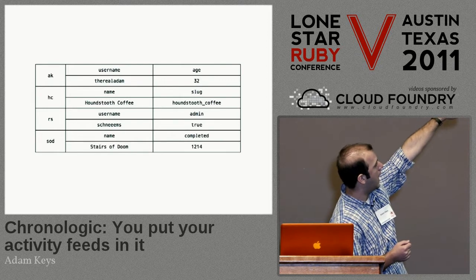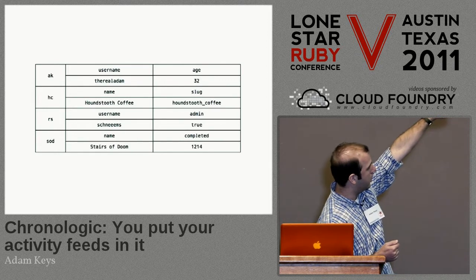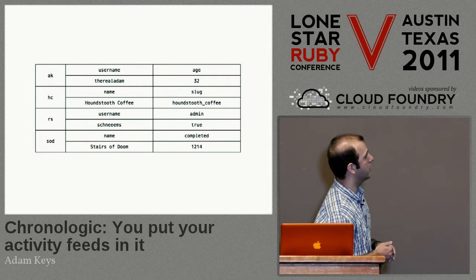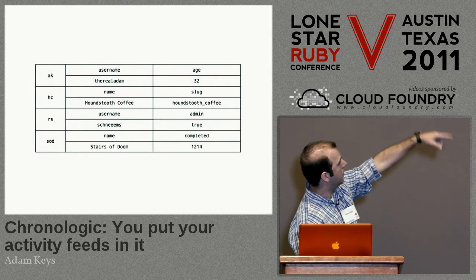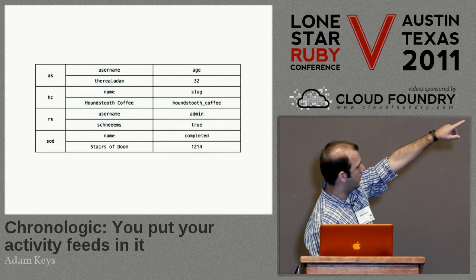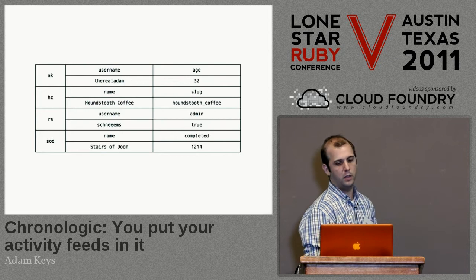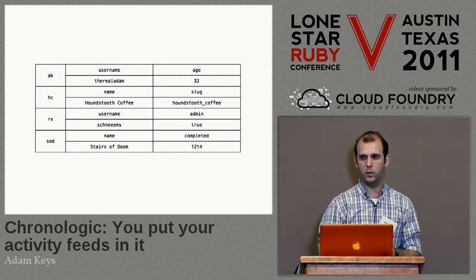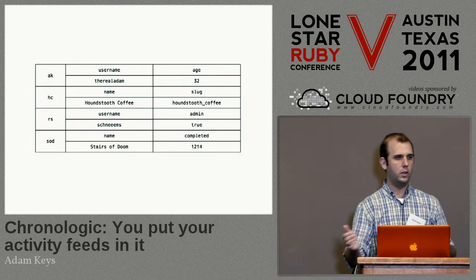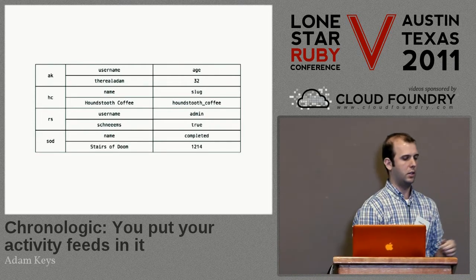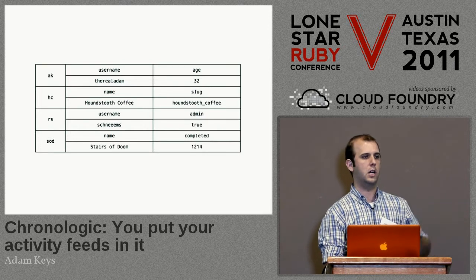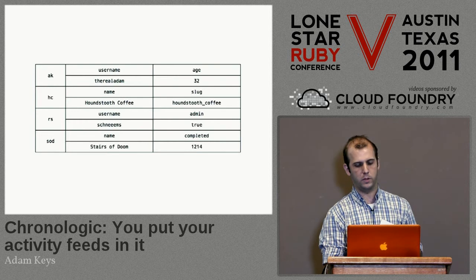So there's an AK key, there's a column for username and age, and the values are the real Adam and 32. And these things can vary. So Houndstooth Coffee has completely different columns and values, but this is all stored in one column family. Like many other NoSQL databases, Cassandra is roughly schemaless, though you can specify schema just enough that you can make performance optimizations.